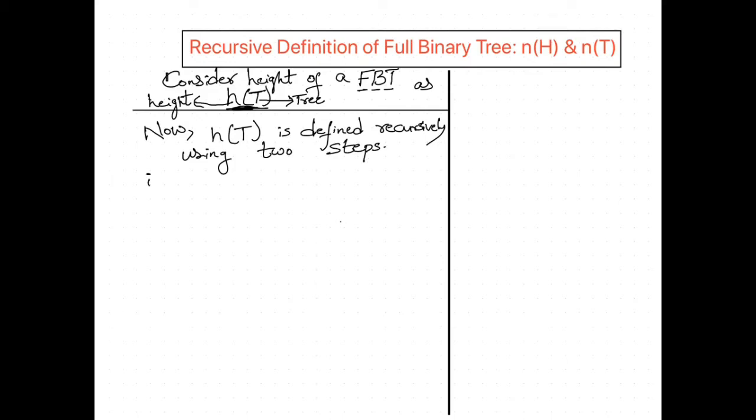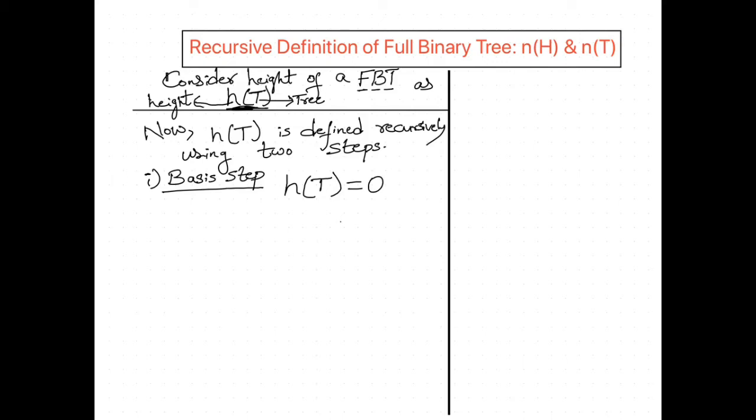Now what is that first step? Basis step. Right. In basis step, h of T will be 0. Why?